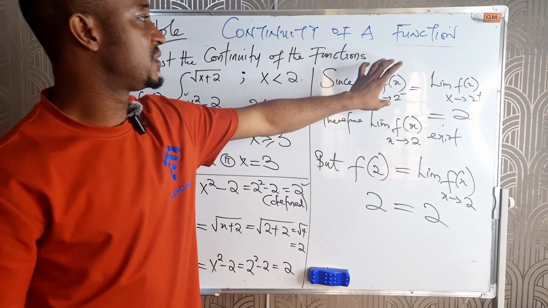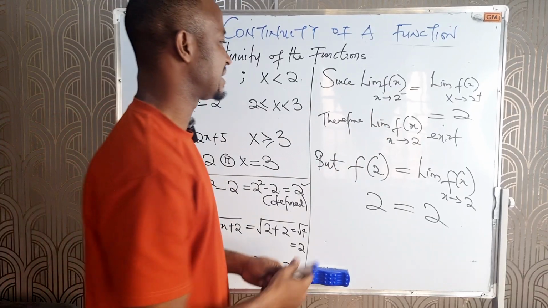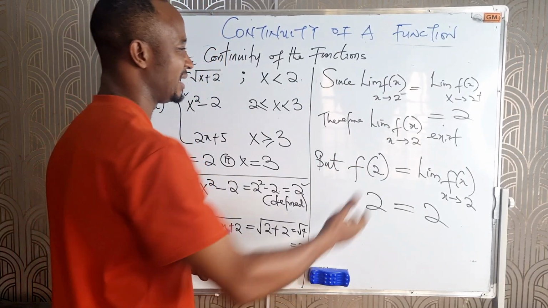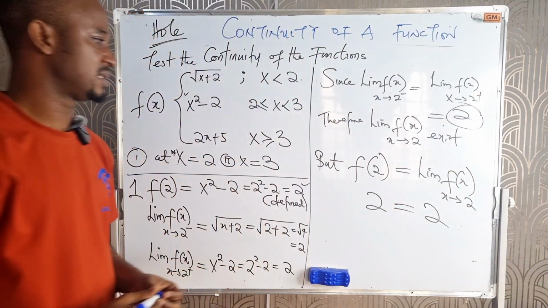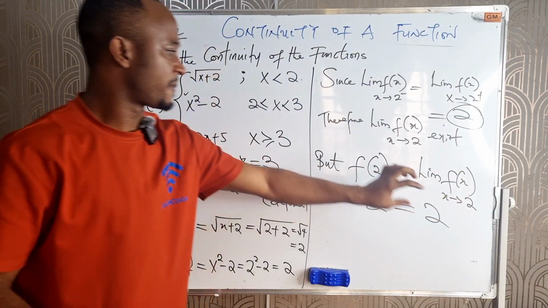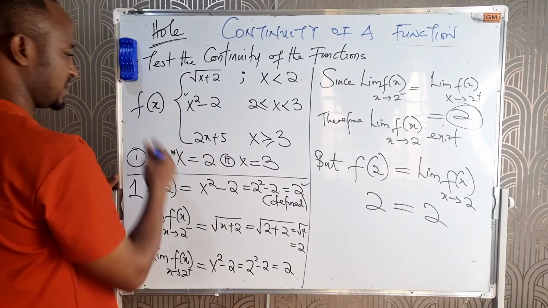Limit on the left hand side is 2, right hand side is 2. So the limit of f of x as x approaches 2 exists and is equals to what? To 2. So since our limit of f of x equals f of 2, therefore the function is continuous.